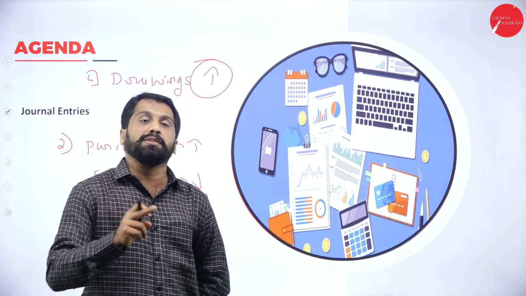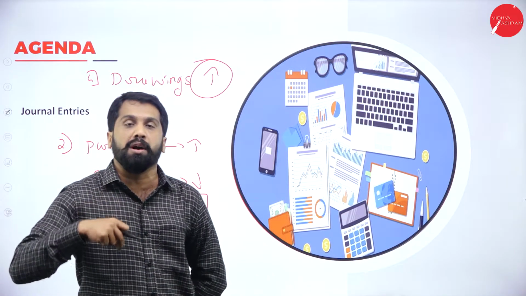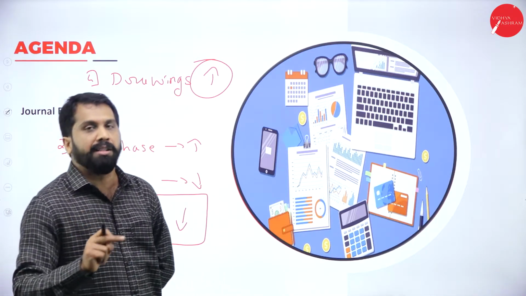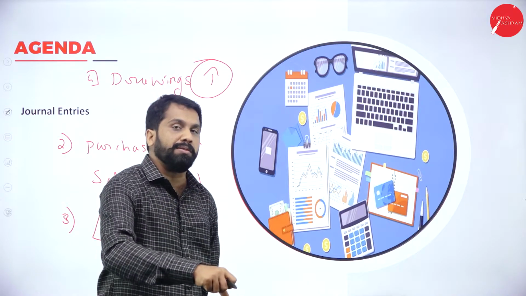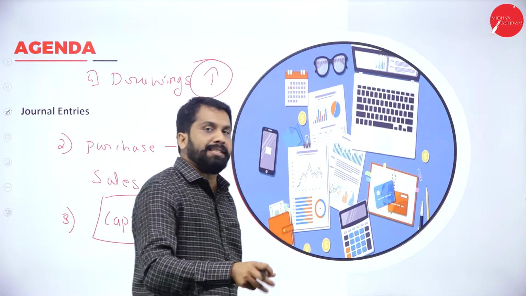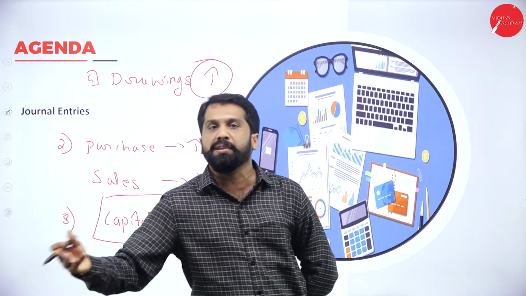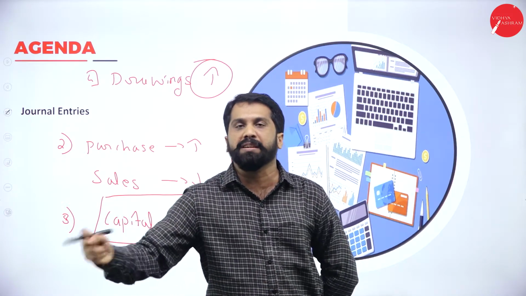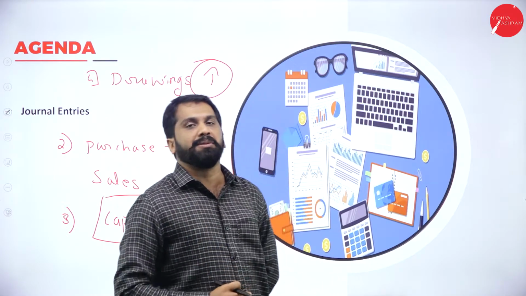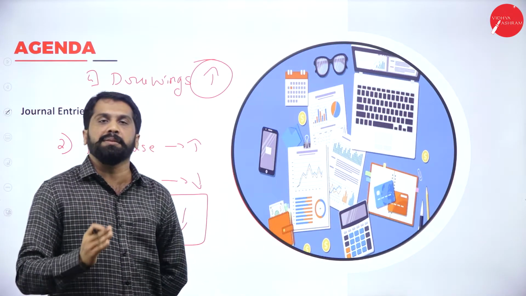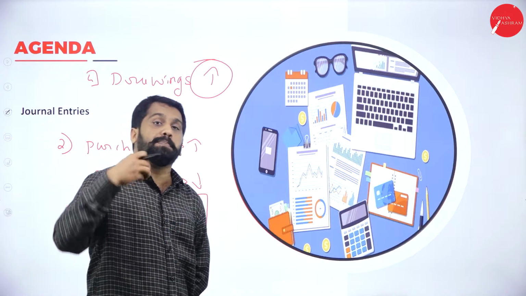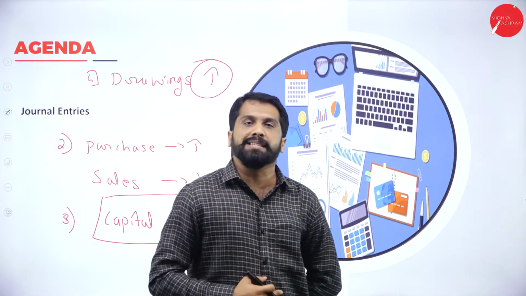Whatever you have taken, that is not your money, that is the company's money. Even though you are the owner, there is a proper way to take money. You can take it as a salary, and from the salary you can pay your daughter's fees. But directly taking and spending for school fees, we call it drawing. Remember, anything which is taken from business for your personal use is called drawing.